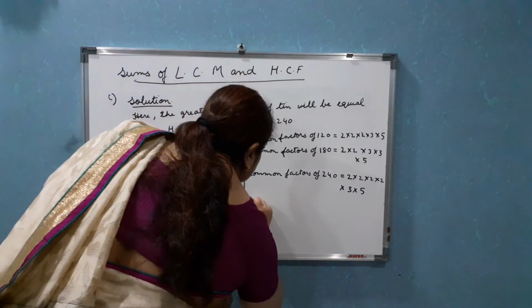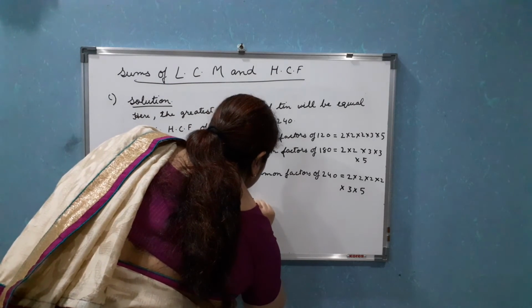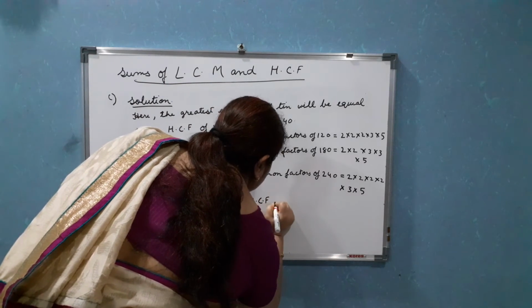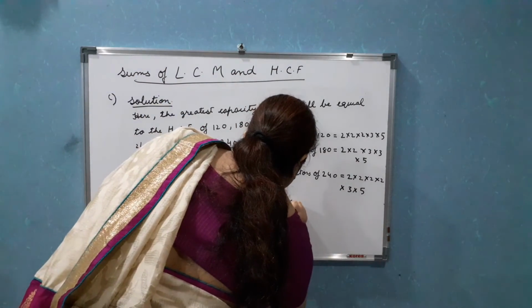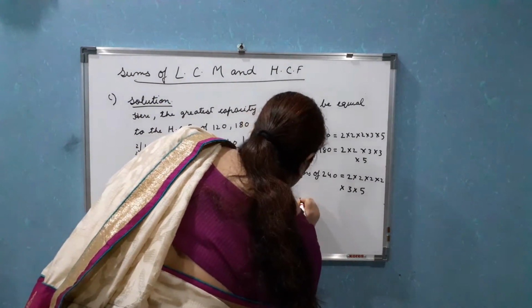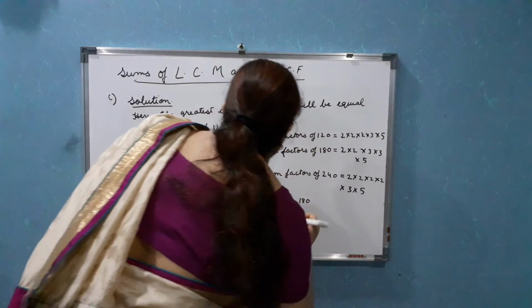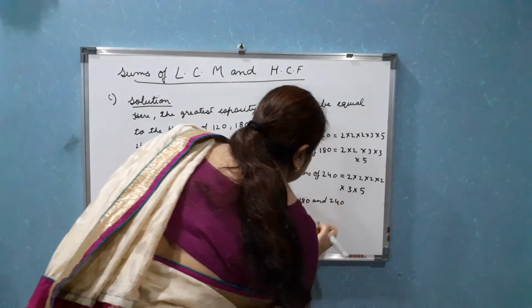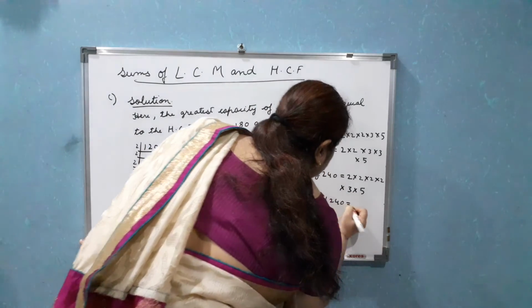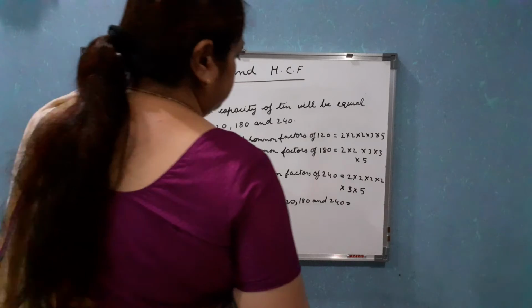So HCF of 120, 180 and 240 equal to how much?